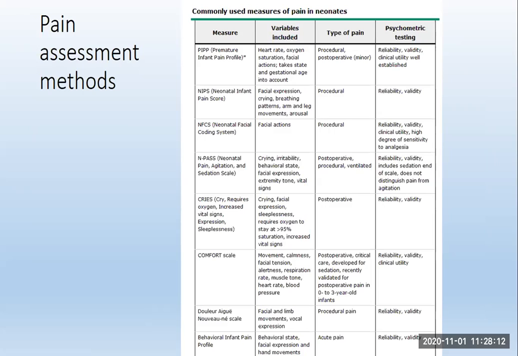in the neonatal ICUs, but each score has its own characteristics, so they need to be particularly used in certain circumstances. For example, PIPP score, which we commonly use at our NICU, can be used for procedural or post-operative pain which is mild or minor. Similarly, CRIES score can be used in post-operative period.